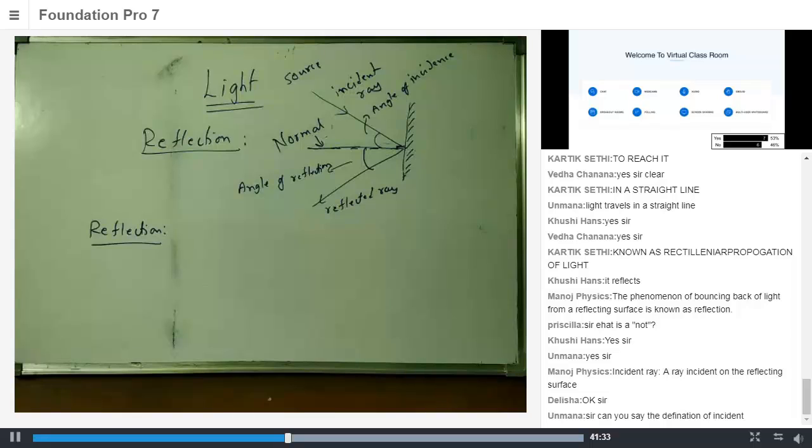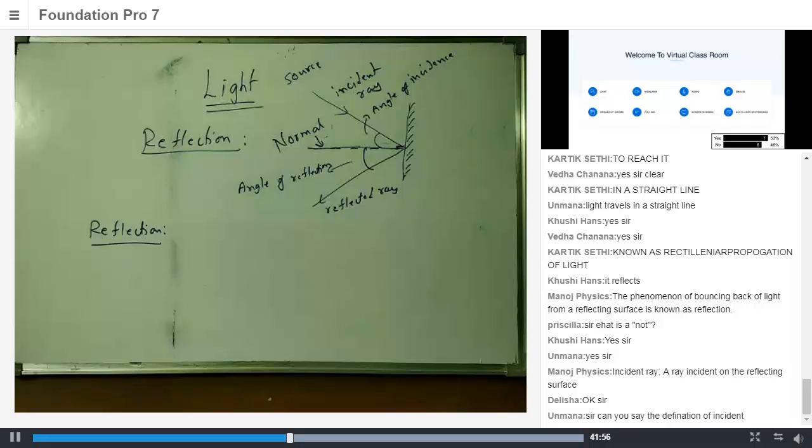A ray striking the surface from the source is called incident. No, not that incident, this is called incident ray. Veda, please do help me. It is a ray of light that is striking a surface.